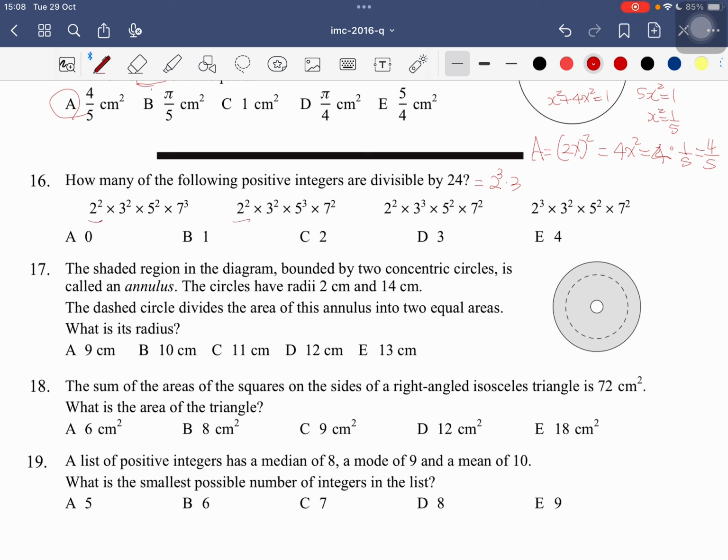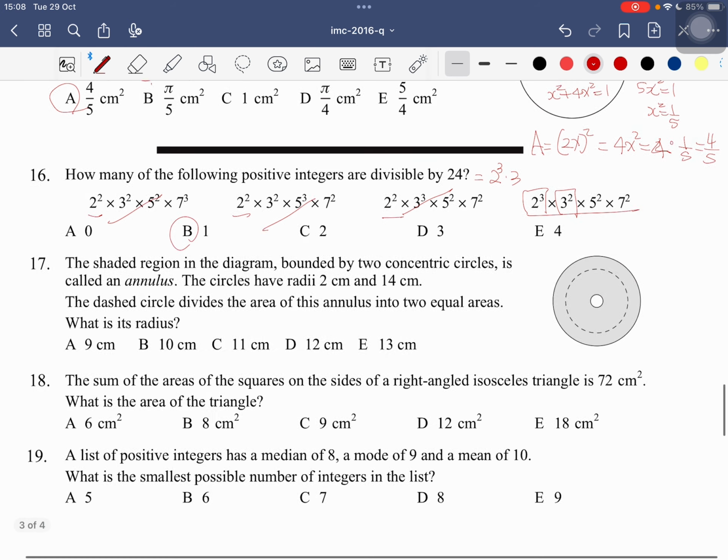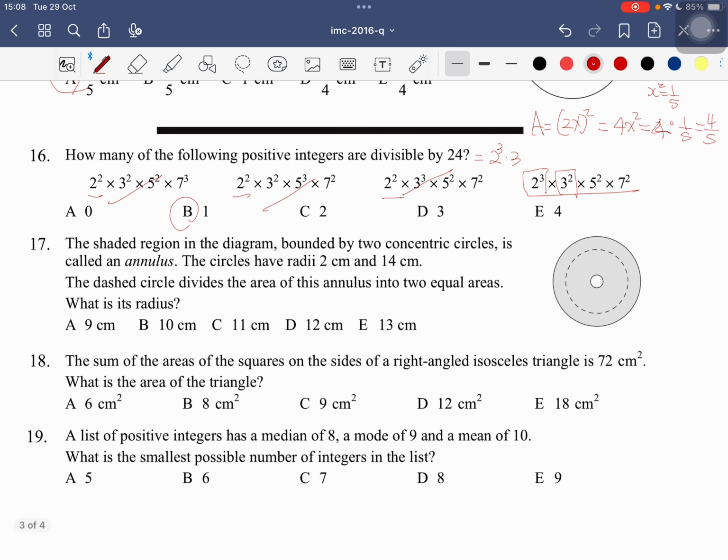But all these three have only two 2's. So they cannot be multiples of 24. And we have this one only with three 2's and one 3. It includes them. So now we have only one integer that is divisible by 24.